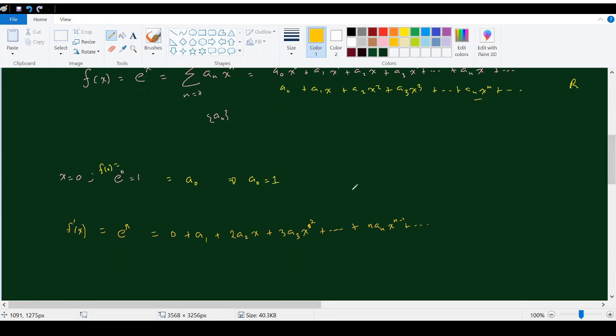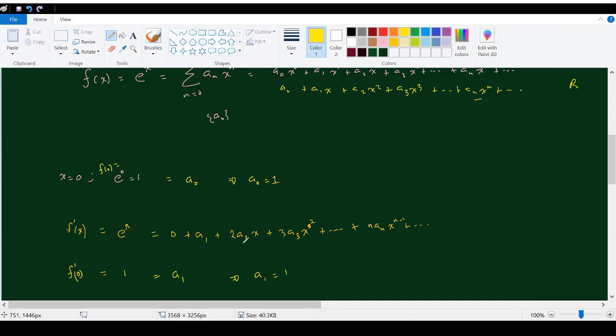Now for this derivative equation, we can once again substitute the center. So when you substitute the center into this second equation, you will get 1 on the left because of this one, and all these terms will be equal to 0, and a1 will be equal to 1. So this gives you a1 equals 1.